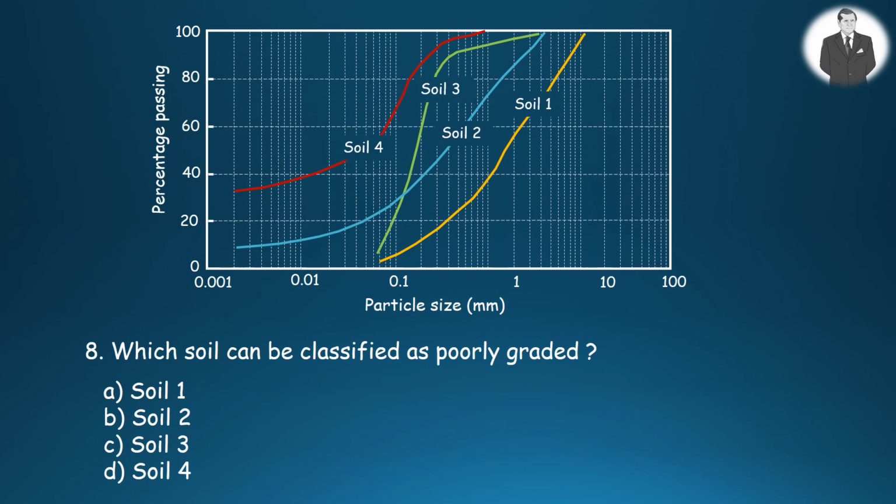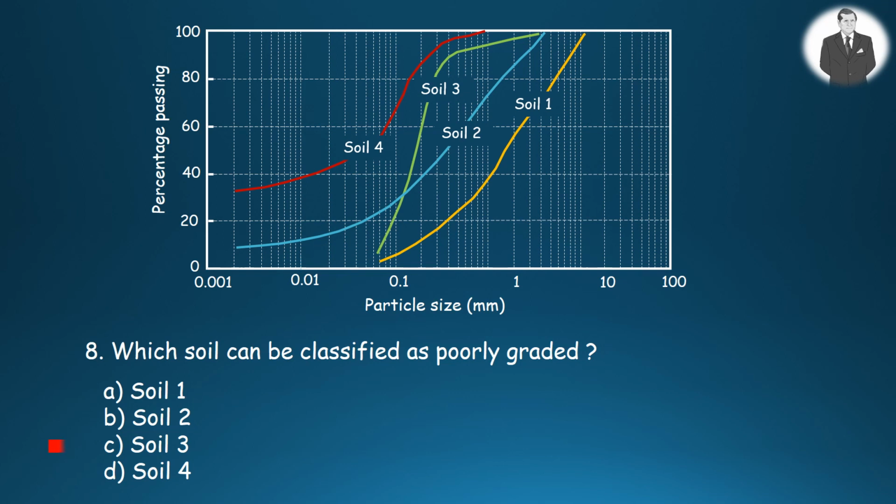Question 8. Which soil can be classified as poorly graded? Let us give you a clue. Poorly graded means uniformly graded. No, it is not.